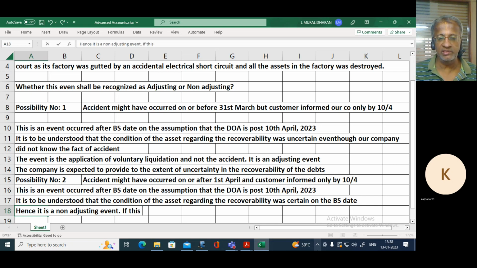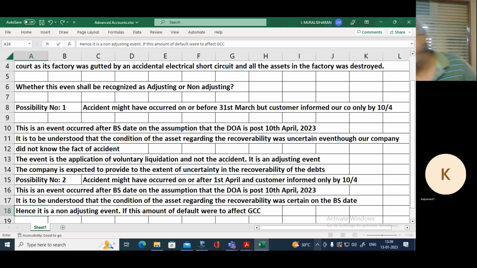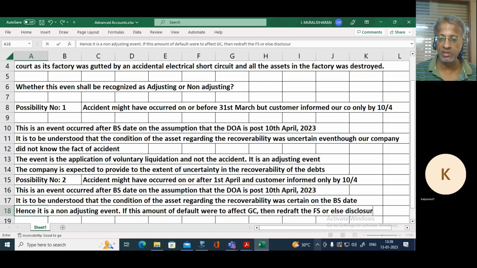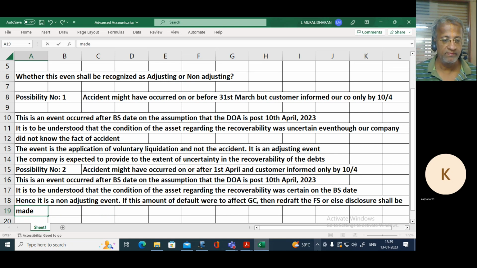If this amount of default were to affect going concern, then redraft the financial statement, or else disclosure shall be made by the board of directors. Correct?